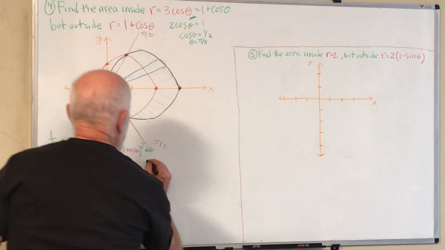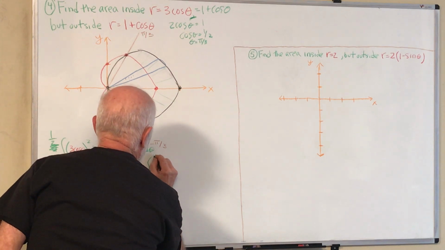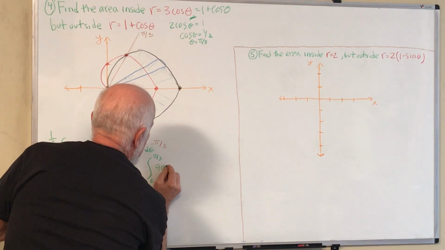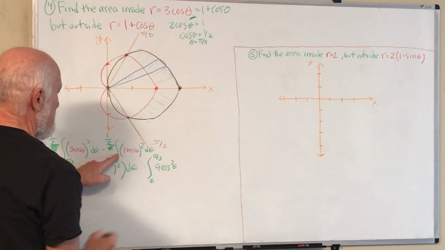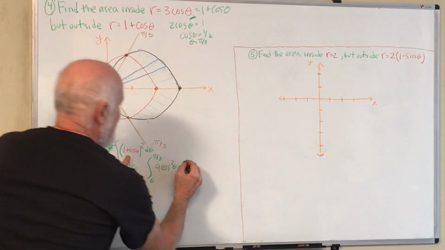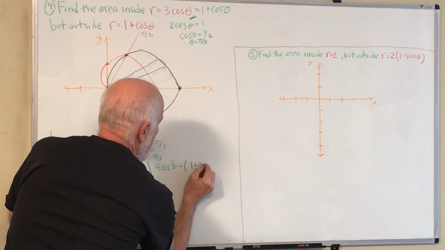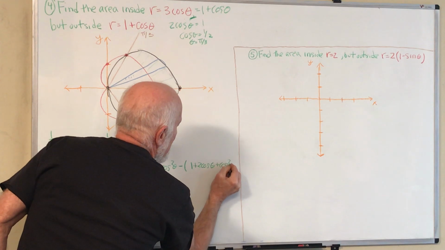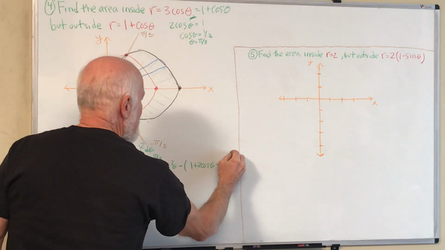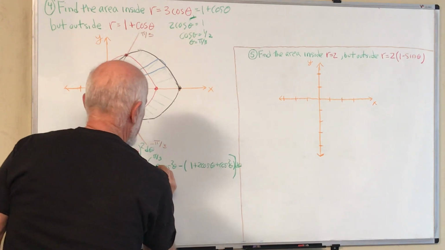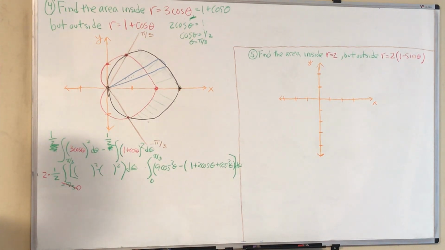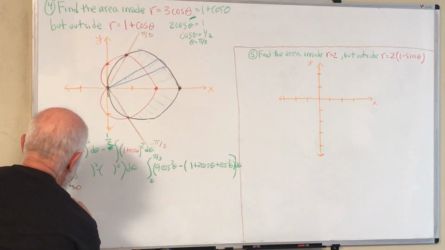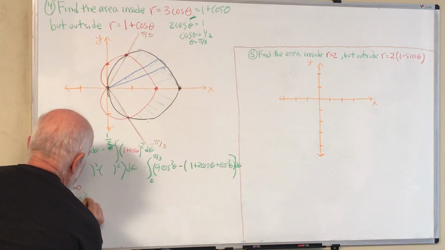So if I put it all together, what do I have? 9 cosine squared of theta minus, and then I have 1 plus 2 cosine of theta plus cosine squared of theta, all times d theta. So 9 minus 1 is 8 cosine squared of theta.